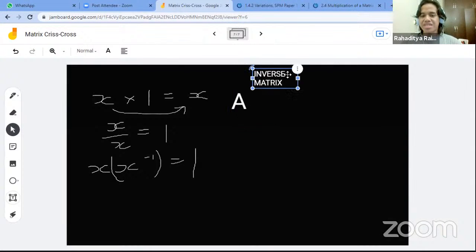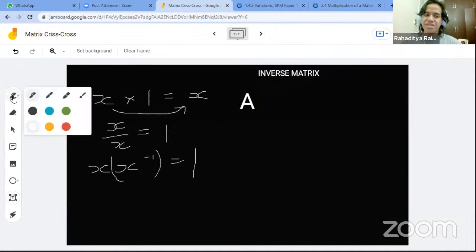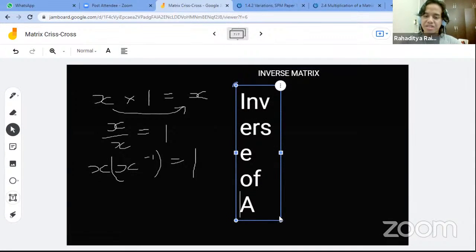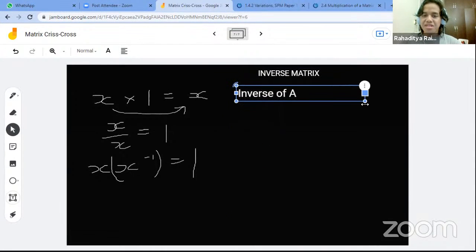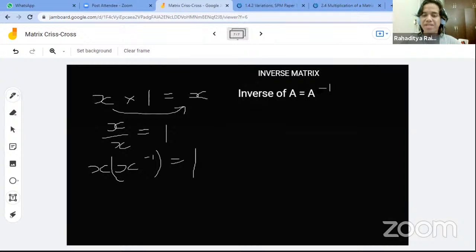An inverse matrix is basically the inverse of the original matrix. For example, the inverse of A is A to the power of negative 1.